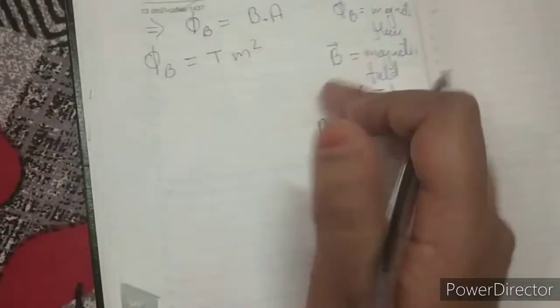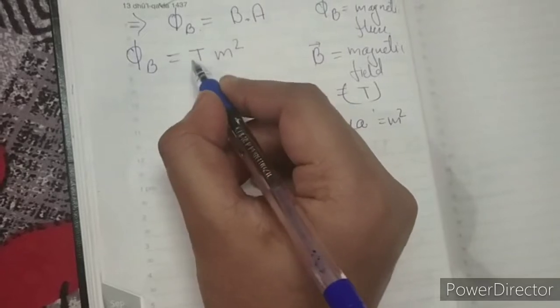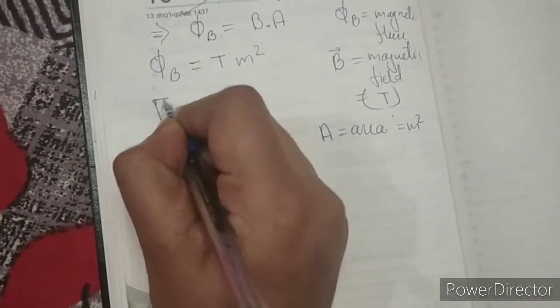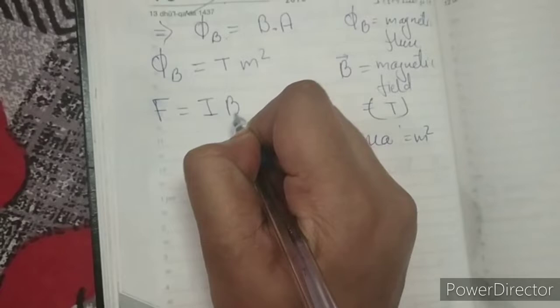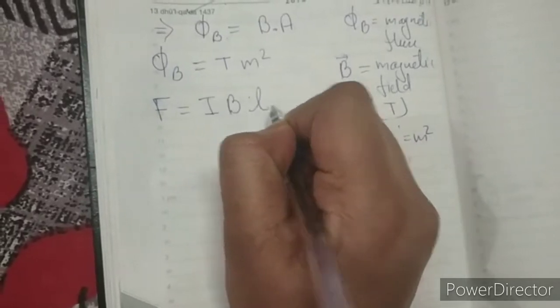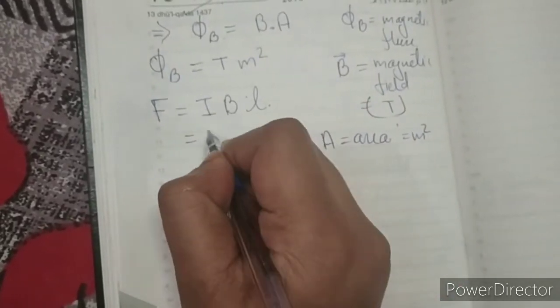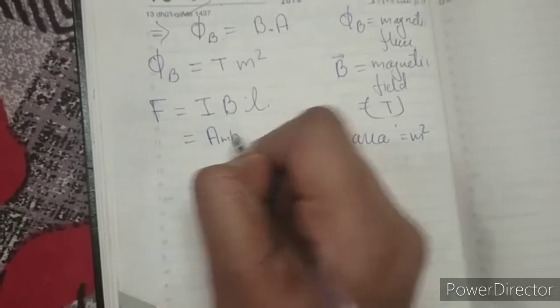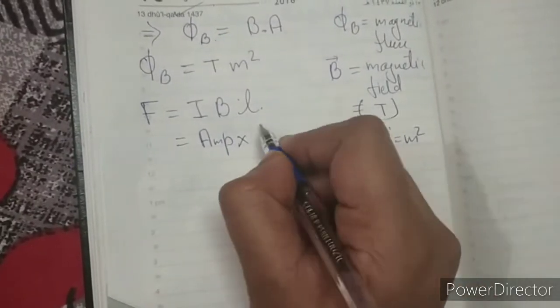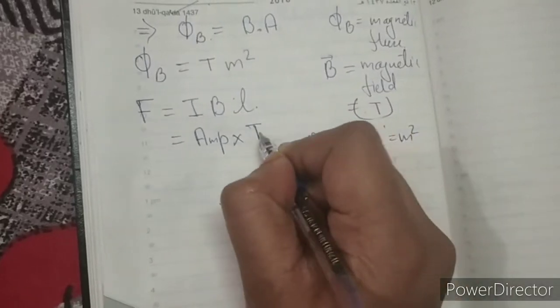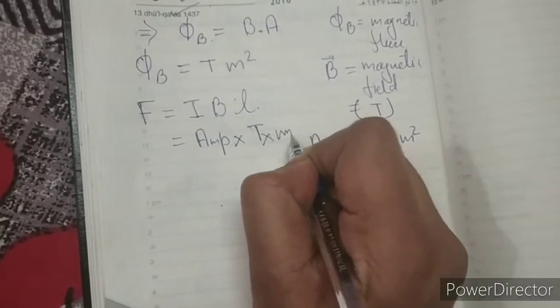So it means we have to convert this Tesla into other SI units. We know that the Lorentz force is equal to current multiplied by magnetic field multiplied by length. The SI unit of current is ampere, B is the magnetic field, which is Tesla, and length will be meters.